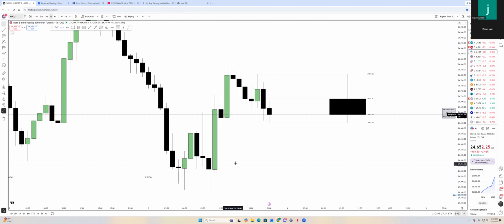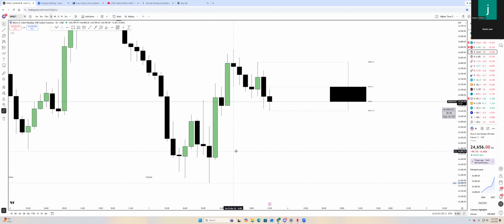It just depends on the trend ultimately. Some people look at all of it, but for your learning right now, just consider all of it a break of structure. These swing points are structure.